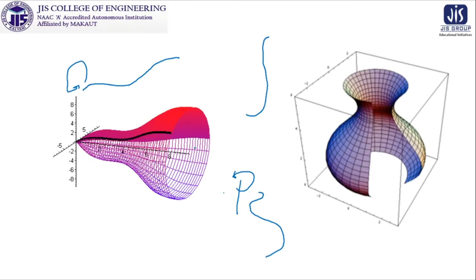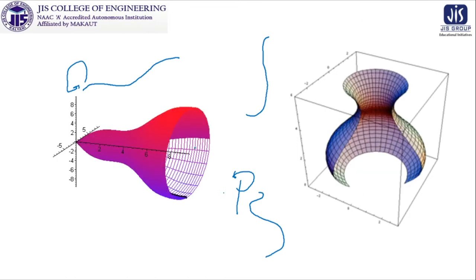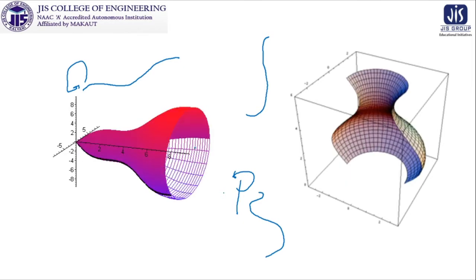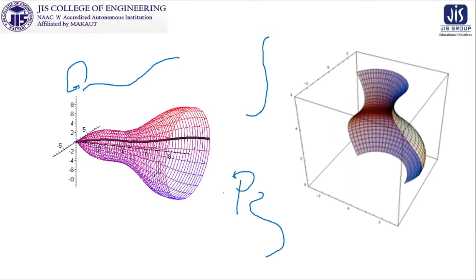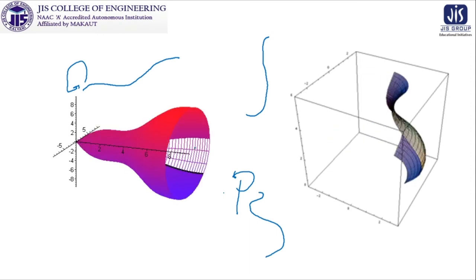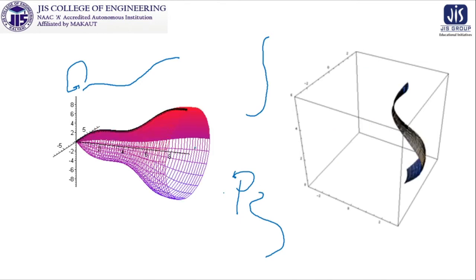So this is our main target, and obviously instead of these hollow things, if they are solid things, then we can also find the volume generated by this curve's revolution, which was discussed in the last class.